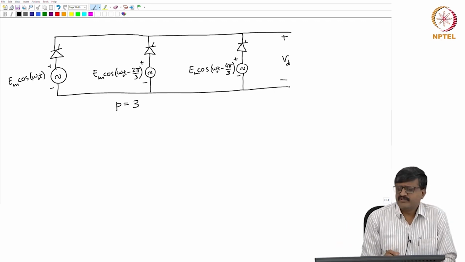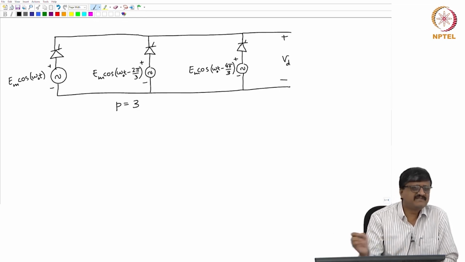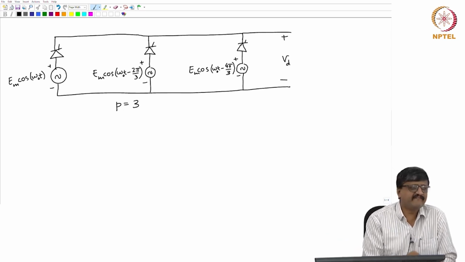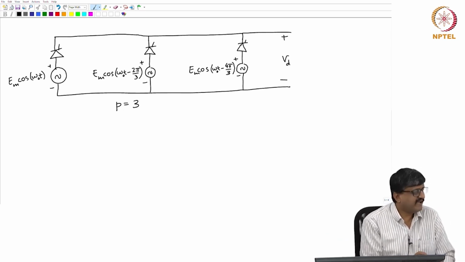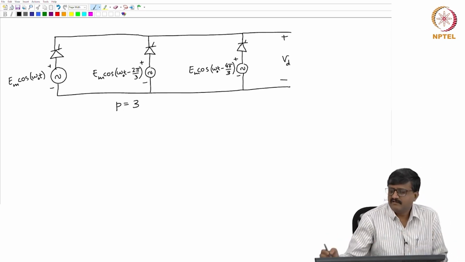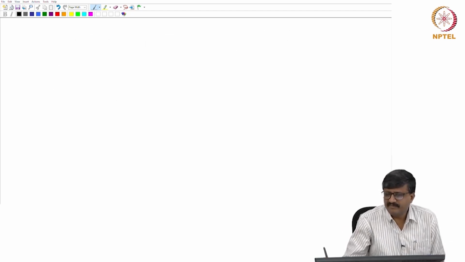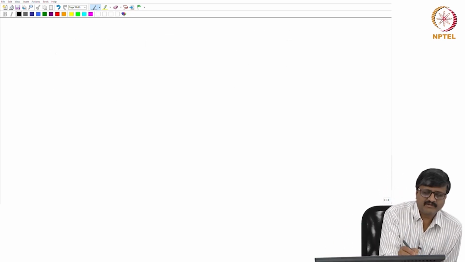Now, what I am going to show is, instead of saying P is equal to 2 or P is equal to 3 or P is equal to 4 and so on, I will just draw a very general circuit where I have q such circuits in parallel. So, let me try to show a very general circuit now.